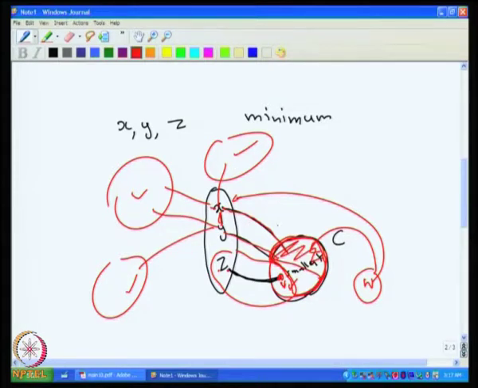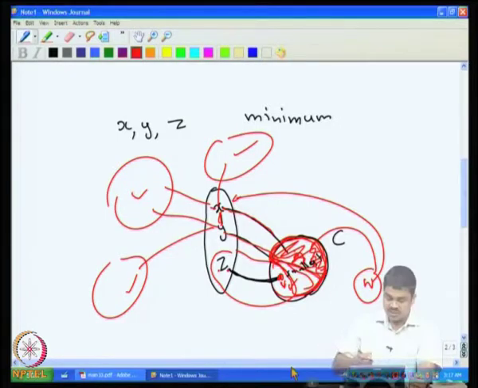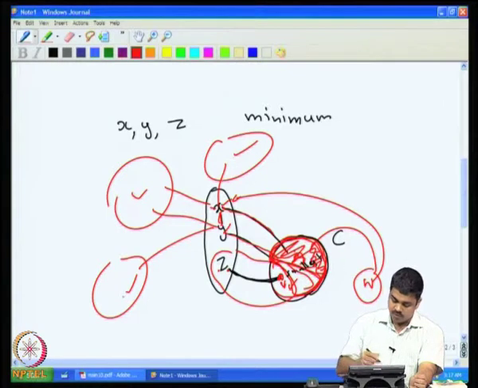Therefore, if we split this C into several pieces, only one such piece can get more vertices from outside. So it is not possible for C to split into more than one piece, because at least one of the pieces will become smaller than the original C. If it becomes more than one piece, only one among them can grow larger by taking xy and more from outside, because the only way to take more vertices from outside is to connect to xy first and then get more vertices.